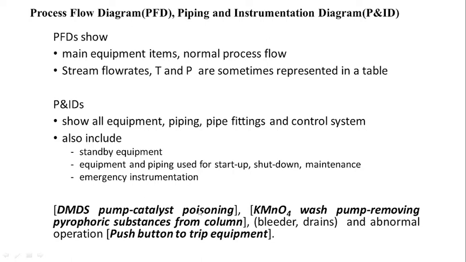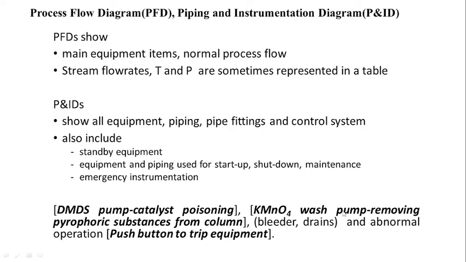So prior to the startup of an HDS unit, like a hydrodesulfurization unit, we might need to poison the catalyst to decrease the activity. So we'll poison the catalyst with the help of the DMDS pump. This will be used only during the startup. So the DMDS pump will be present only in P&ID diagrams, but not in PFDs.